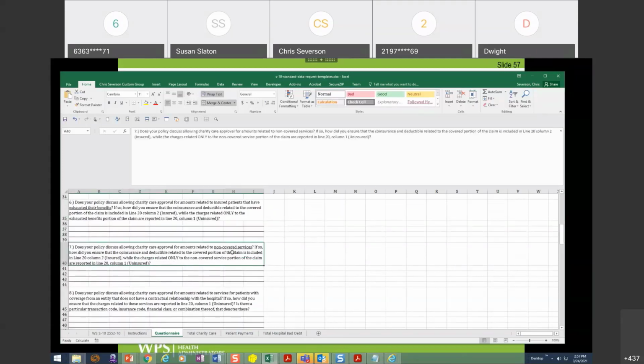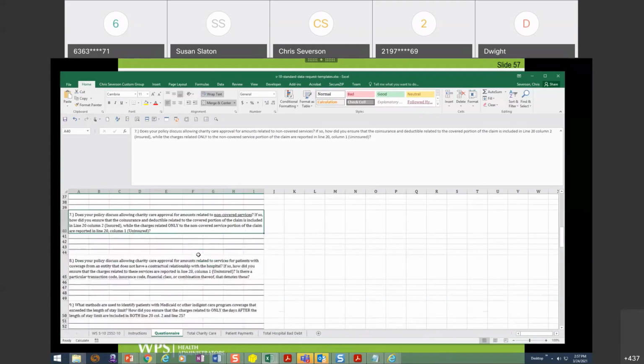7 is all about non-covered services, but the same basic thing as 6. 8, again, very similar to this, although these are related to the non-contractual relationships or no contractual relationships. How did you ensure that these charges are reported as uninsured? Is there a particular code you use?